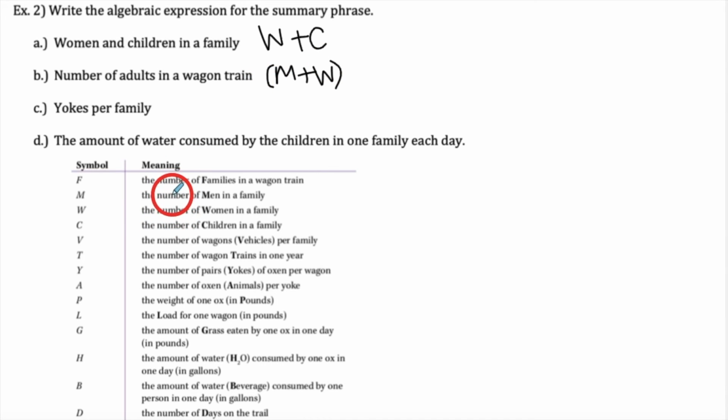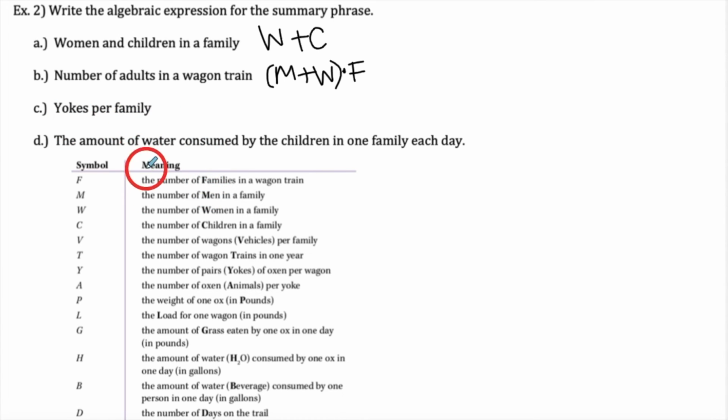I want to then multiply times F to then calculate all of the adults in the wagon train, because F is the families in the wagon train. So adding M and W gave me all of the adults in one family, multiply times the number of families in the wagon train, giving me all of the adults in the wagon train.